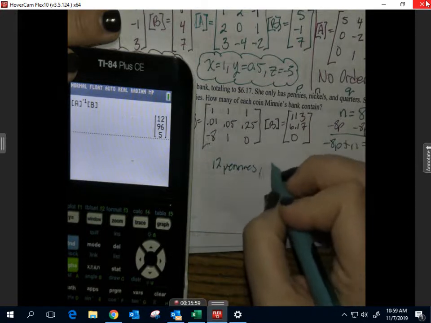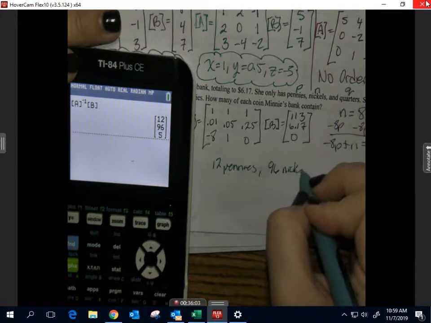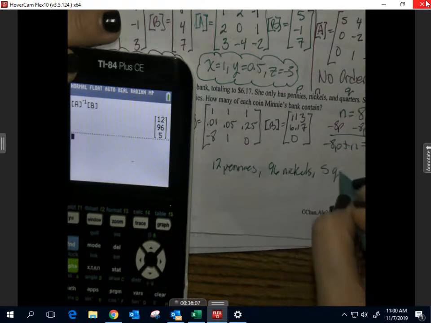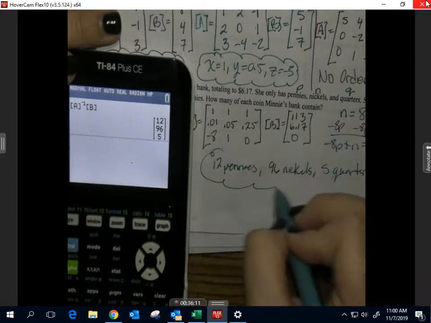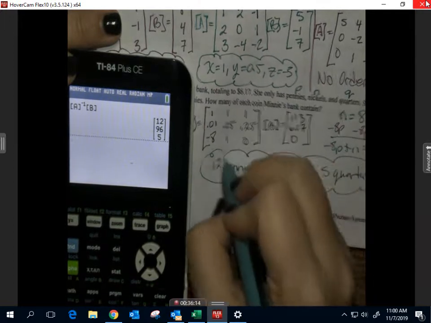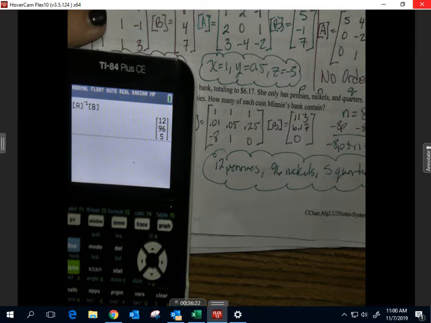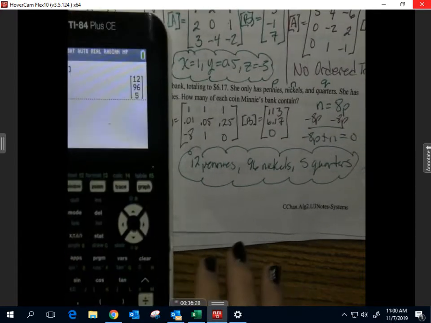I have 96 nickels. And I have 5 quarters. Notice they're all whole numbers. Why no decimals? That's right. You can't have half a penny. I mean, you could, but it's not going to be worth anything. Alright.